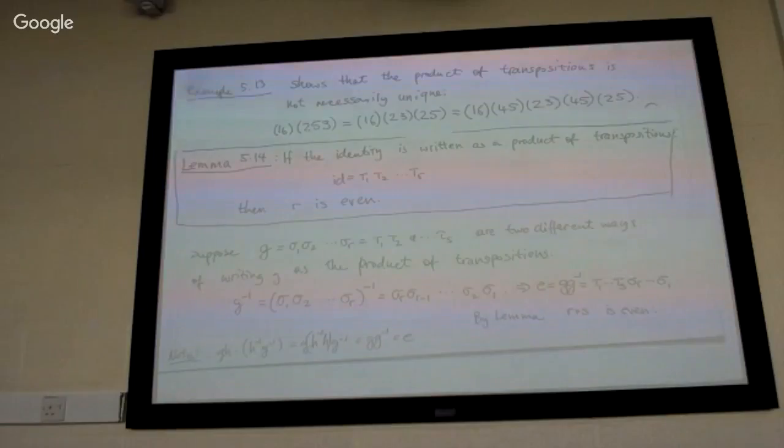Because the sum is even, R and S have the same parity. So either both R and S are even, or both R and S are odd.